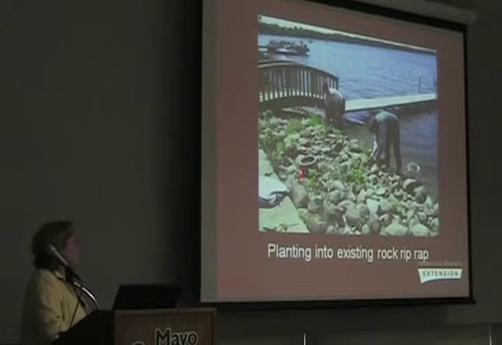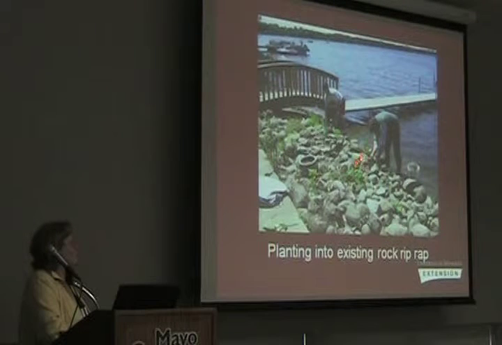This one is my first example. This is common in Minnesota where we've got rock riprap that's been around for quite a long time. It's getting harder now in some places to get permits to be able to put in rock riprap. But one of the strategies we have for places where there is riprap already is we add plants to it.